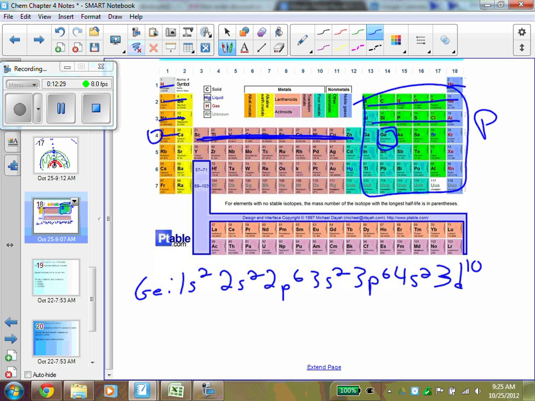So is the S block. I'm on the 4th period, so I'm back to 4P. This is P1, this is P2, this is P3, this is P4, and so on. So this must be P2. For germanium, I should have 32 electrons. Let's see, do I have 10, 20, 30, 32? We're good. Check.